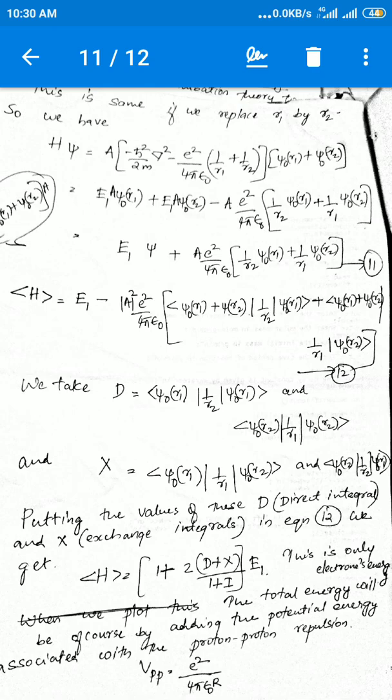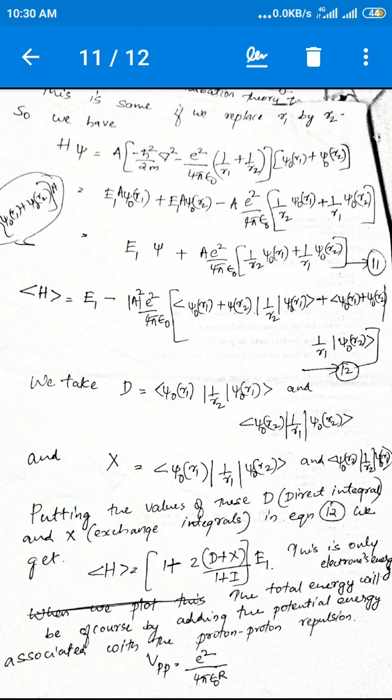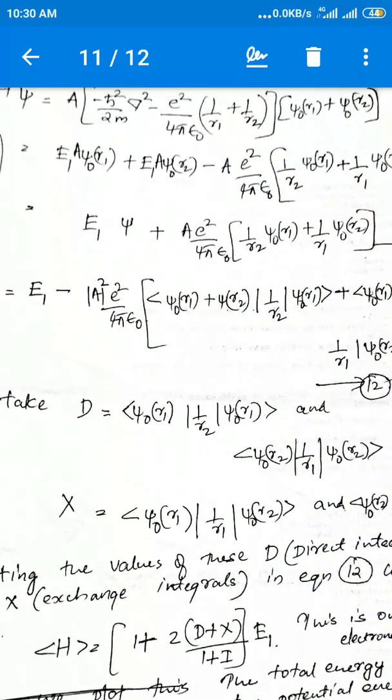So this integral we are substituting here, like d is equal to psi 0 R1, 1 by R2, psi 0 R1. We are taking that psi 0 R1, 1 by R2, psi 0 R1. So it is the first term. See that, psi 0 R1, 1 by R2, psi 0 R1.